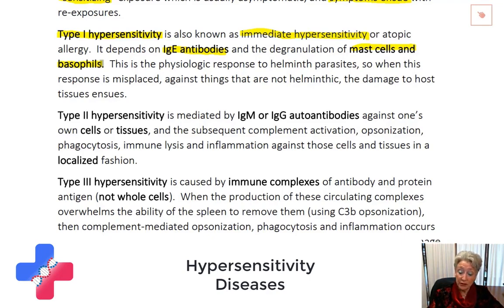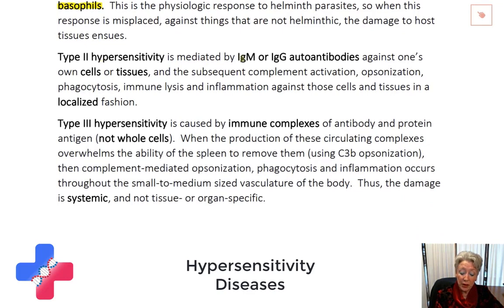Type 2 hypersensitivities can be mediated either by IgM or IgG, okay, not IgE, and they are mounted against one's own cells or tissues, the whole cell, the cells in a particular tissue. And once I have antibodies against my own tissues binding in those tissues, I will have a cascade of complement activation, of opsonization, and phagocytosis and inflammation in that area that reflects the fact that the antibody has bound to my own cells.